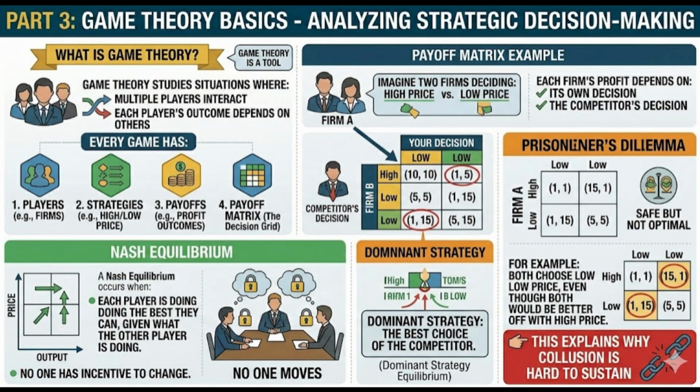Now, let's connect everything with game theory, which is a tool used to analyze strategic decision making. What is game theory? Game theory studies situations where multiple players interact. Each player's outcome depends on others. Each game has number one, players, number two, strategies, number three, payoffs.